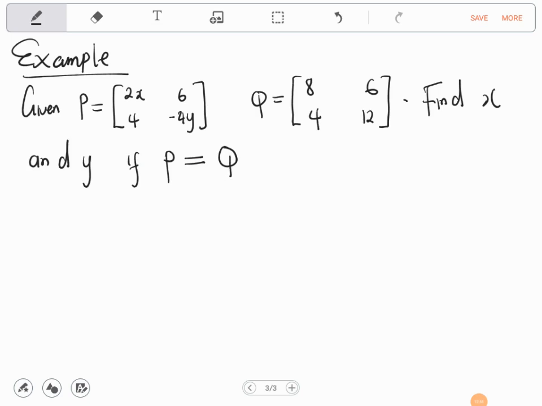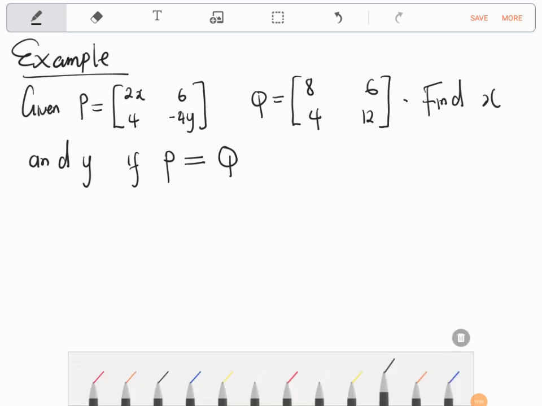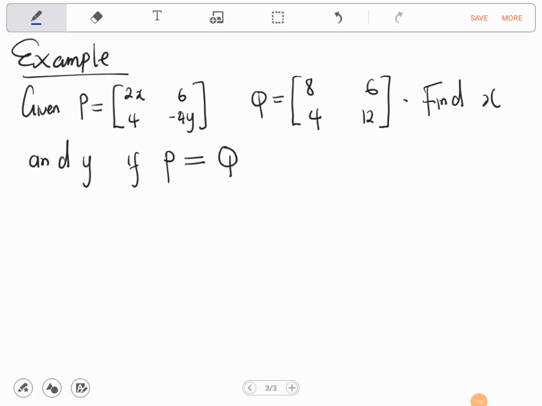Now, I talked about equal matrices and I gave you a definition, and I said matrices are only equal if the corresponding entries are equal. So we are saying P is equal to Q. Let us write that in form of these matrices. So what is P? P is 2x, 6, 4, negative 4y.